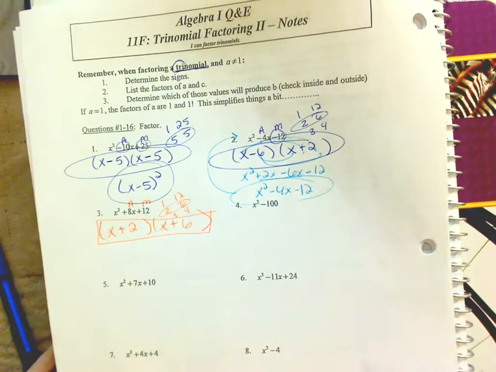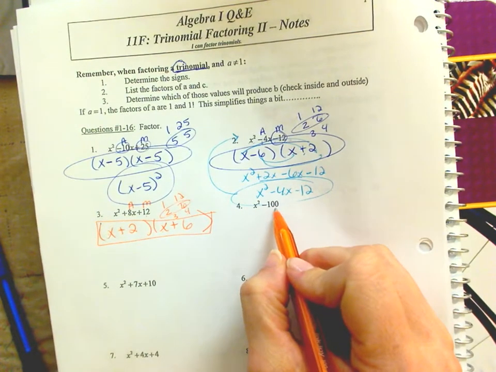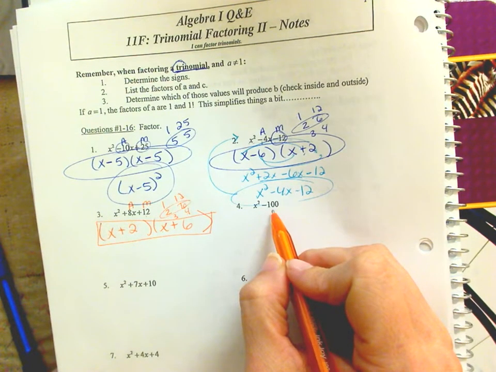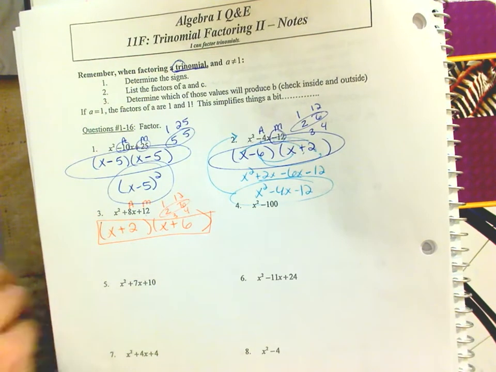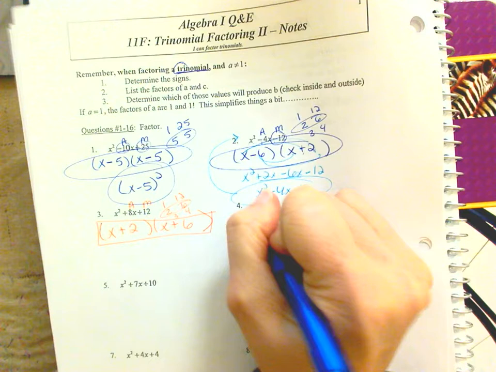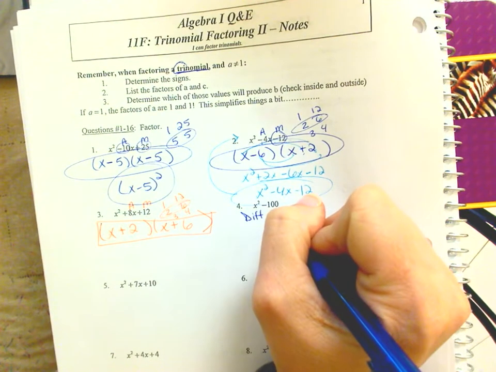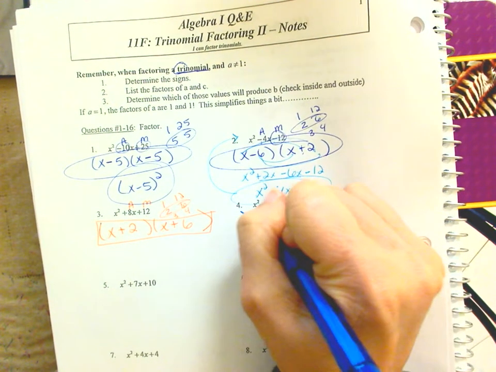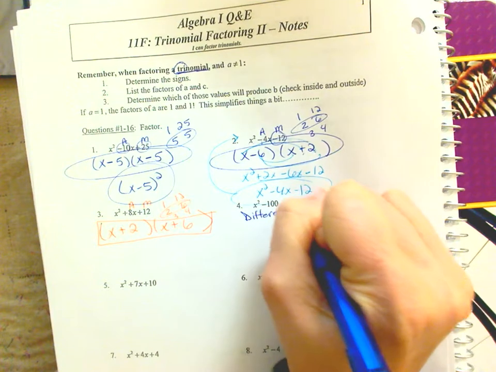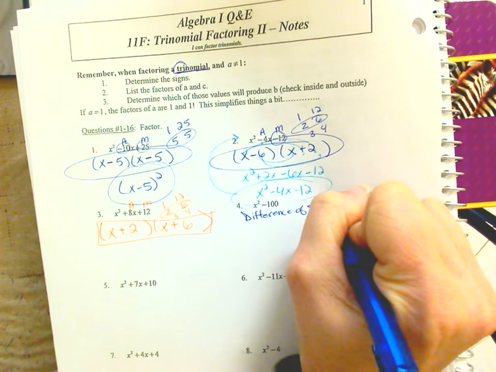Number 4. Number 4 is not a trinomial. So you have options here. The easiest way is to recognize that this is what we did in 11D. Difference of squares.